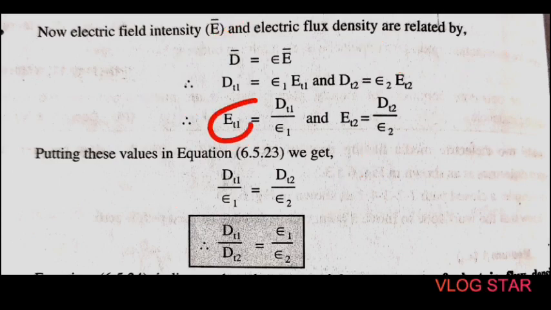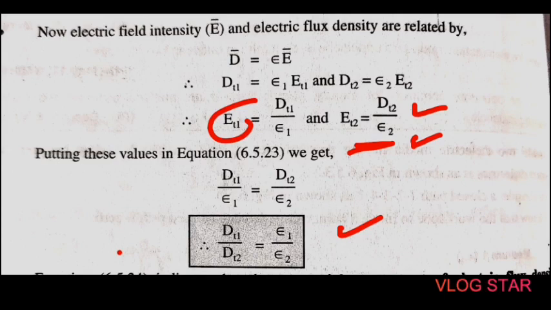The value of Et1 is Dt1 upon epsilon 1 and the value of Et2 is Dt2 upon epsilon 2. So we can write Dt1 upon Dt2 is equal to epsilon 1 upon epsilon 2.